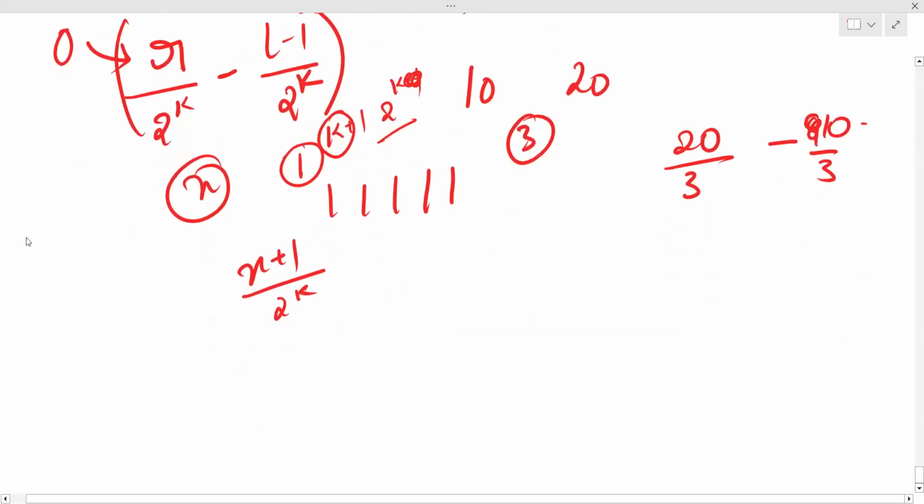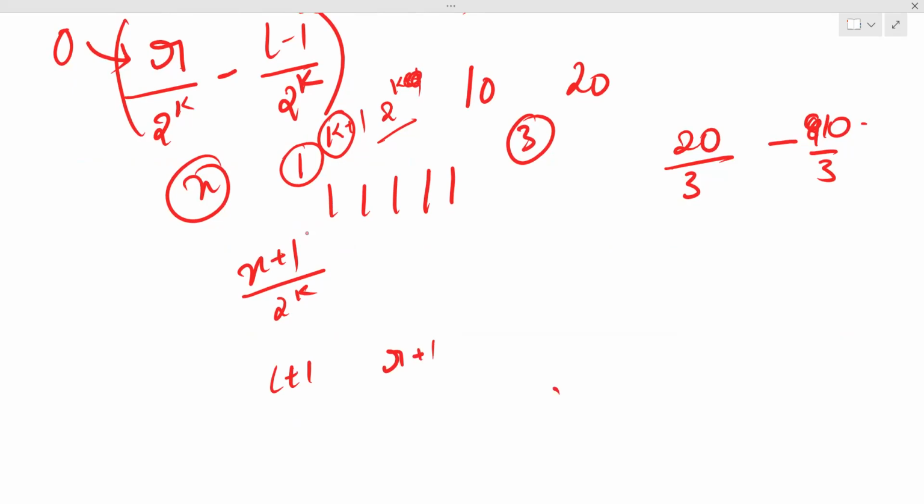So just check how many x plus 1. Instead of checking for x plus 1, we can simply check, how many numbers are there between L plus 1 and R plus 1 which are divisible by 2 to the power k.